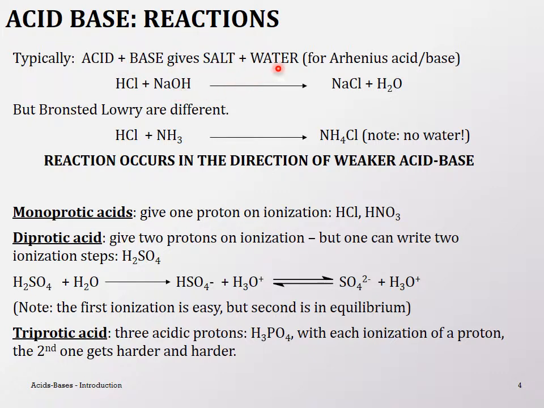The only way you can get water is if you have hydrogen in one case and hydroxide in the other, which means the acid is giving the hydrogen, whereas the base is giving the OH. So HOH makes water. This is true only if you have an Arrhenius acid and base. You cannot have it in any other instance. So this equation will hold true for Arrhenius acid and base. But typically you will have most bases that have hydroxides in them.